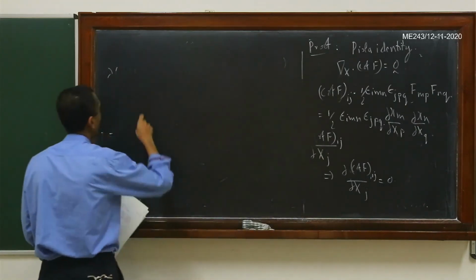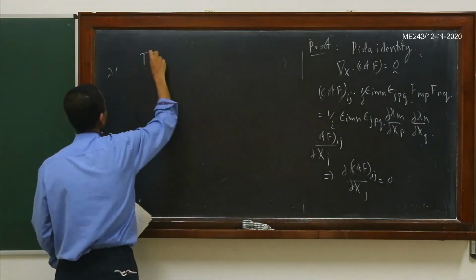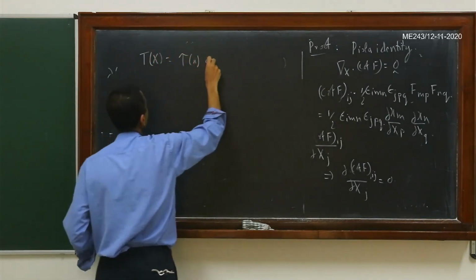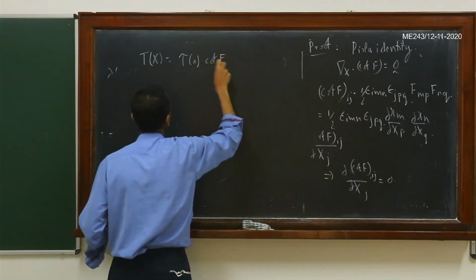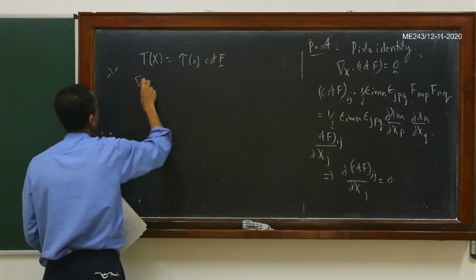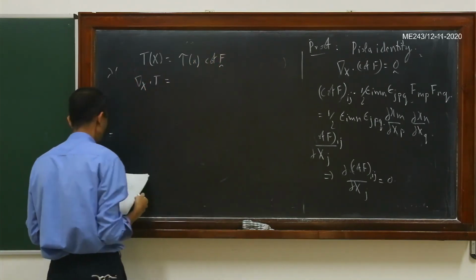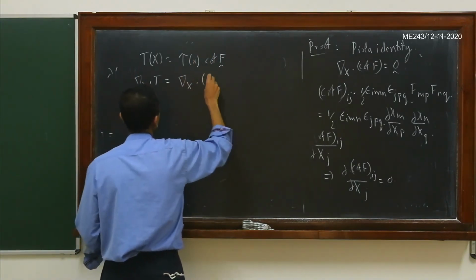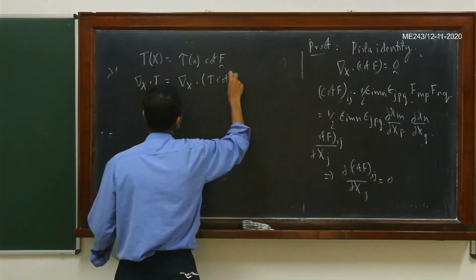So del x dot t. We have seen that t of x is equal to tau of x times cofactor of f. So now the del dot t I can write as del x dot tau of cofactor of f.